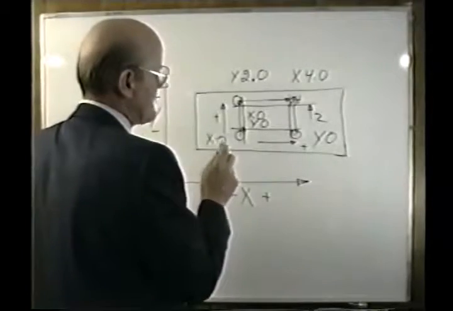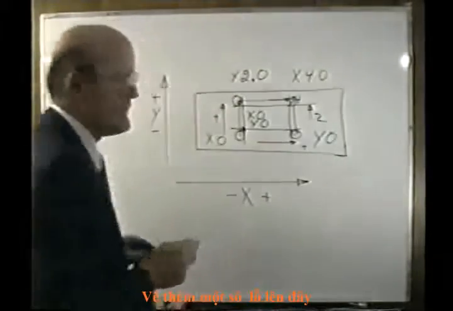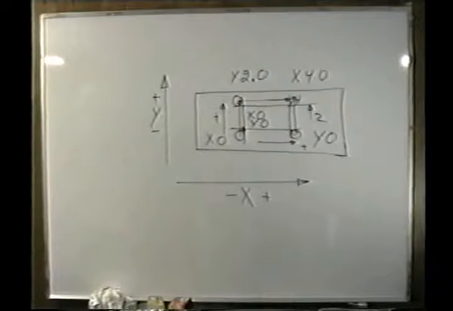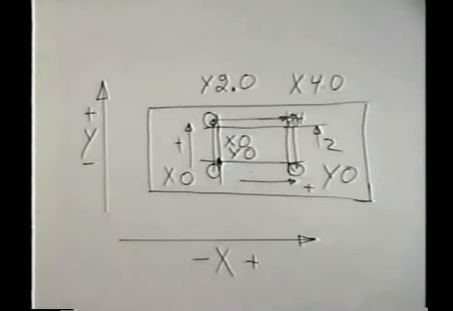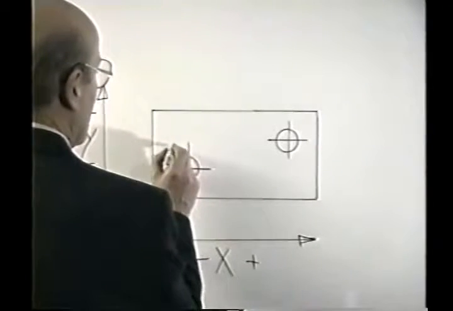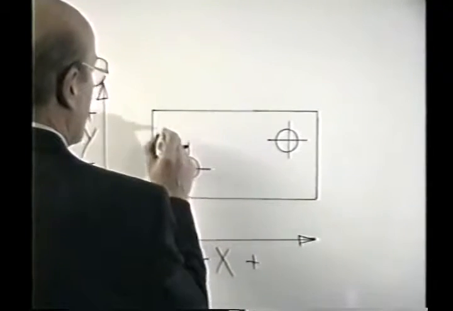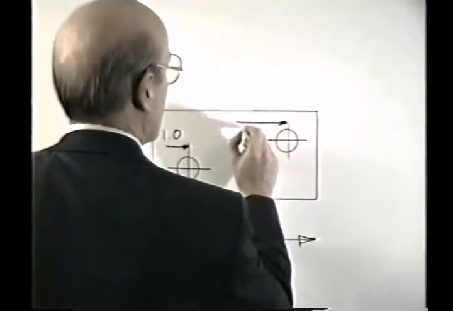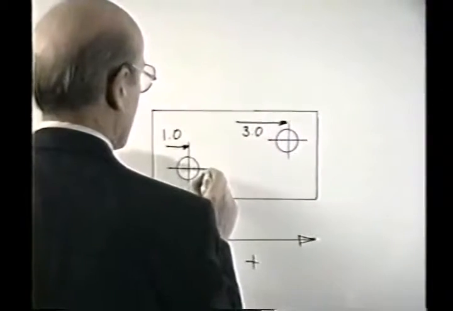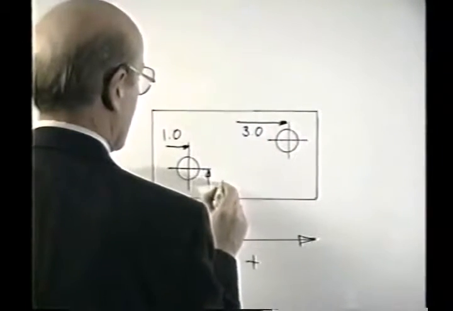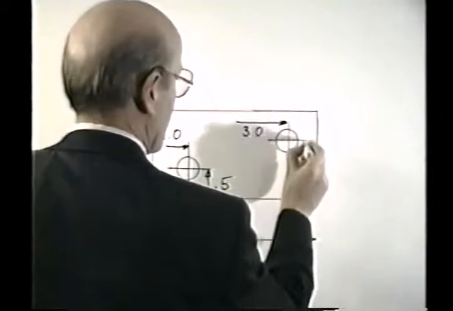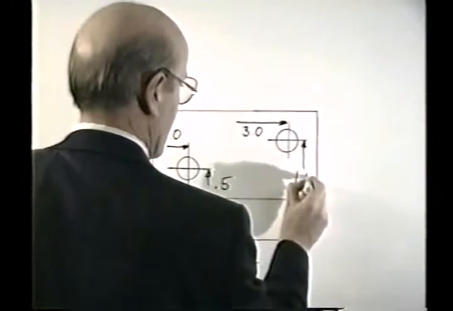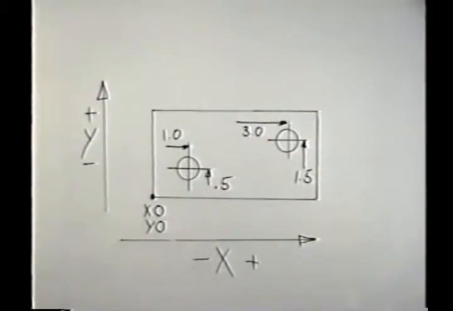Now let's take a look at this coordinate system if we want to drill a couple of holes. Let's say we had a part that looked something like this right here.